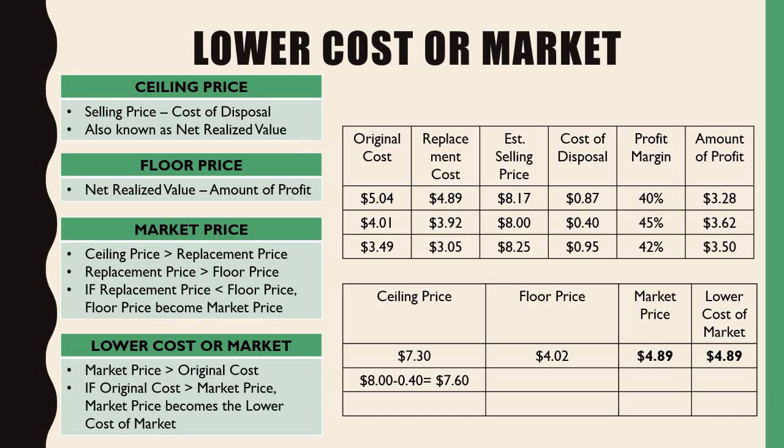It's determined as 760 minus 362. Correct. So in this case, we're going to take my ceiling, which is the net realized value, and I'm going to subtract out my amount of profit of $3.62, and I should get my floor to be $3.98.